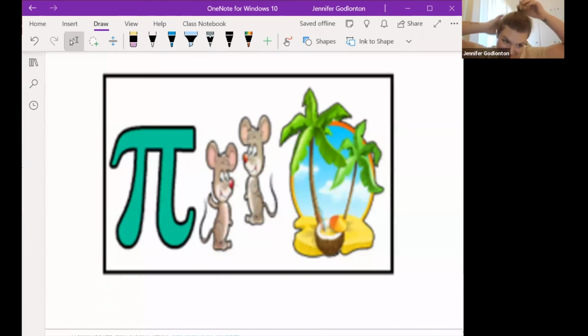Ooh, I don't want to give you a clue because I know someone can get this. It's not Pirate Island, but you're very close. Just think about how many rats there are. Hint, hint.